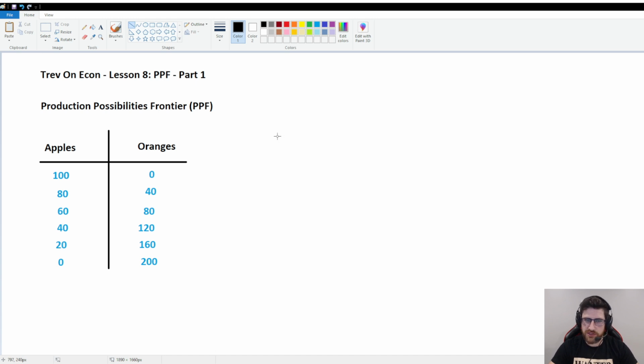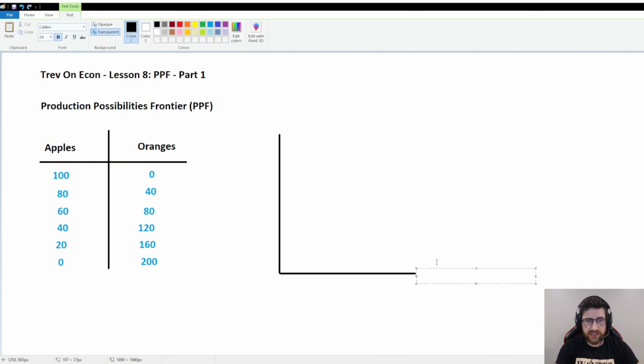So quick refresher, and for most of our level of economics, we're going to be operating on an X and Y coordinate system, right? And first thing we have to do is we have to label our axes. So one axis will be oranges, and one axis will be apples.